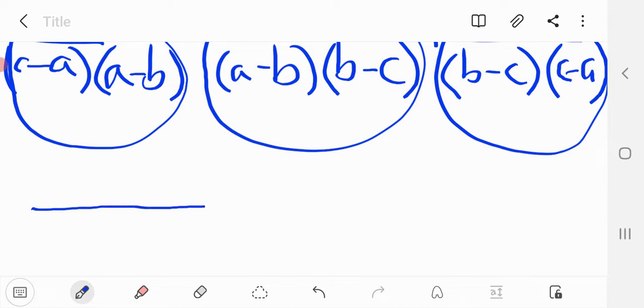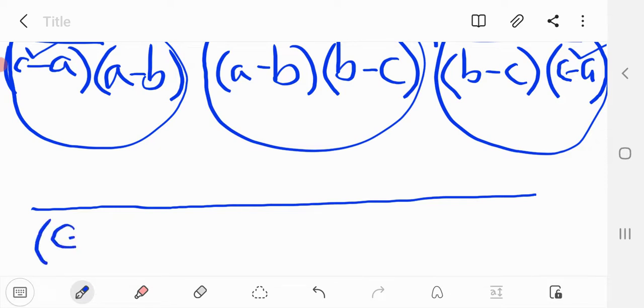So the LCM of the denominator will be like this: c minus a is available in the first polynomial, whereas in the third polynomial c minus a is also available. So c minus a can be taken as a common factor. Similarly, a minus b is available in the first polynomial and in the second polynomial, so we can also have a common a minus b.